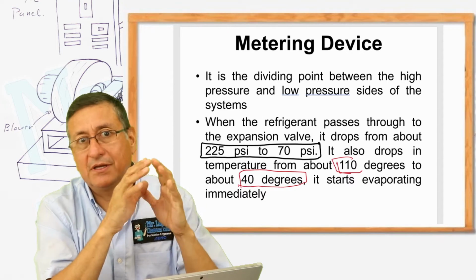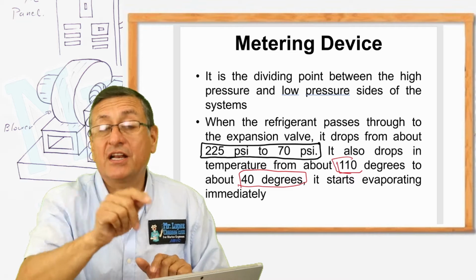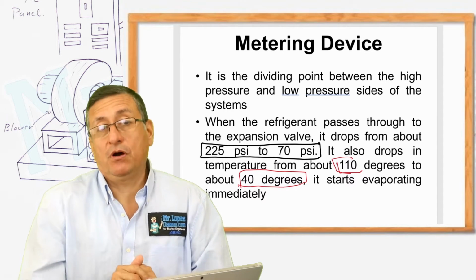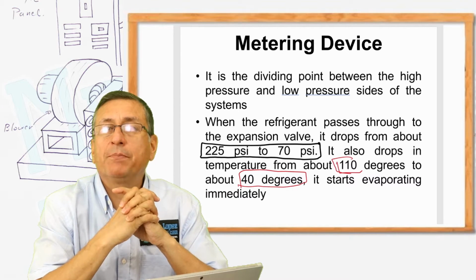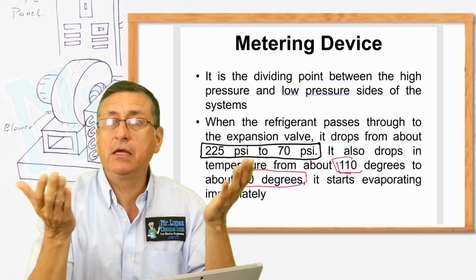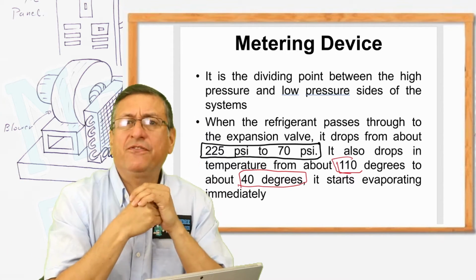It's a huge reduction in pressure, but the reduction is also in temperature. At the input of the expansion valve, the temperature is around 110, 115 degrees Fahrenheit, high temperature. And at the output it is 40 degrees Fahrenheit.